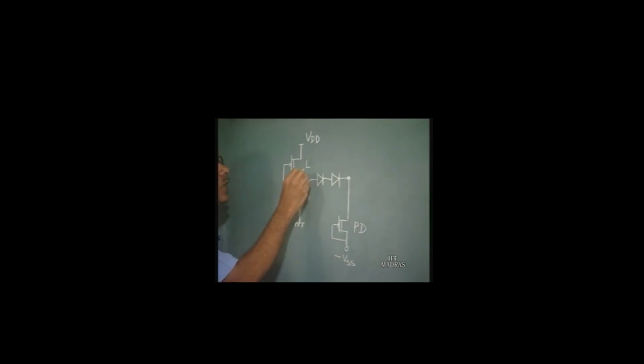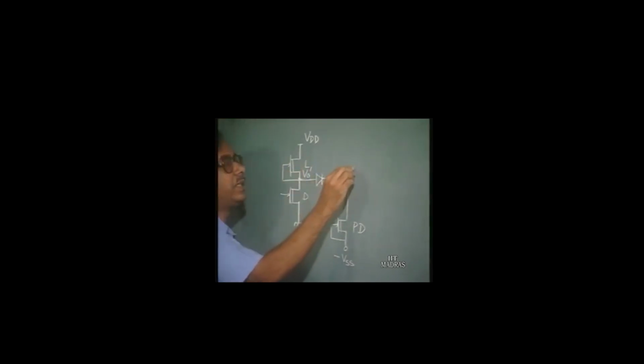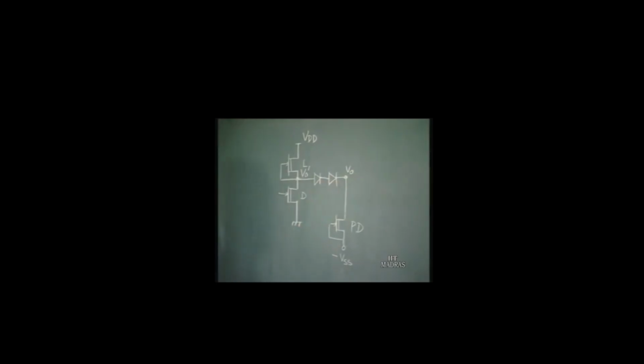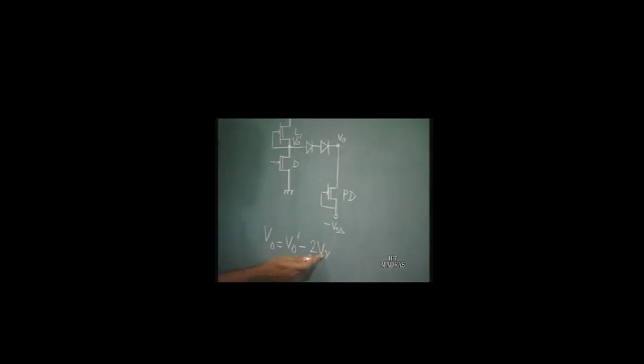If we call this output voltage VO prime, the actual output voltage here is going to be VO, and VO is always going to be VO prime minus twice V gamma, where V gamma is the cut-in voltage of the diodes. So there is going to be a level shift between these two devices. Now this voltage can be positive, but the output can now go negative.